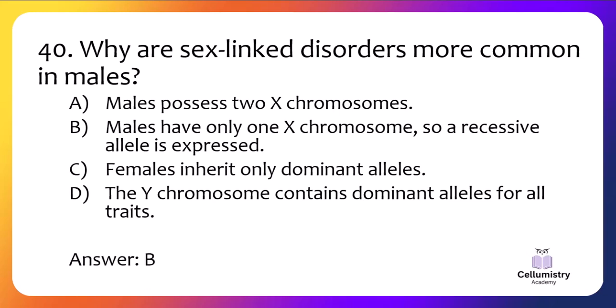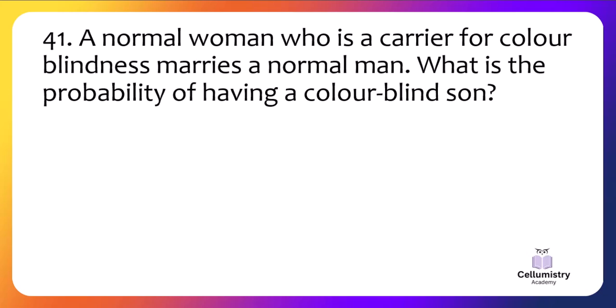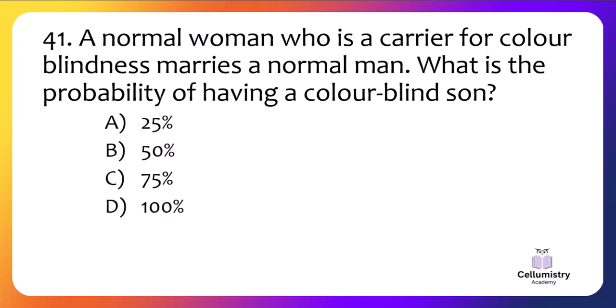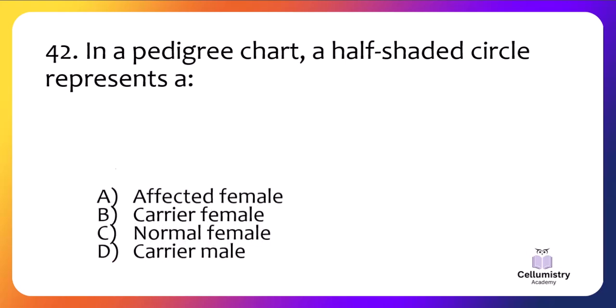Answer is B. Males have only one X chromosome, so a recessive allele is expressed. A normal woman who is a carrier for color blindness marries a normal man. What is the probability of having a color blind son? Answer is A, 25%.